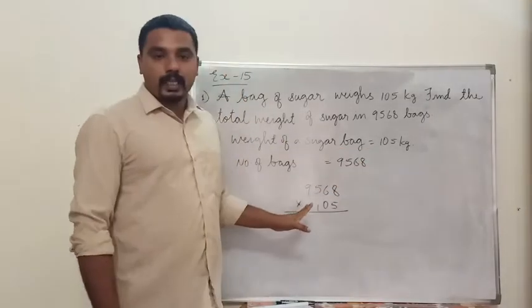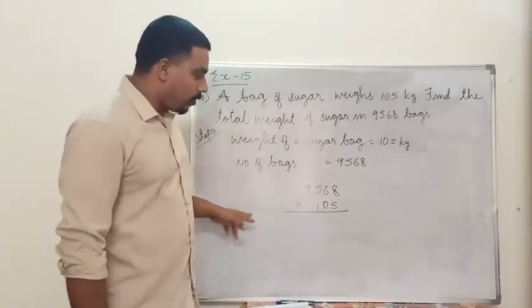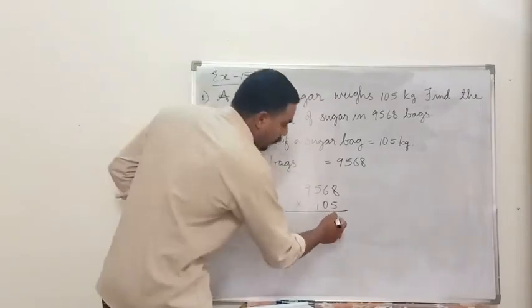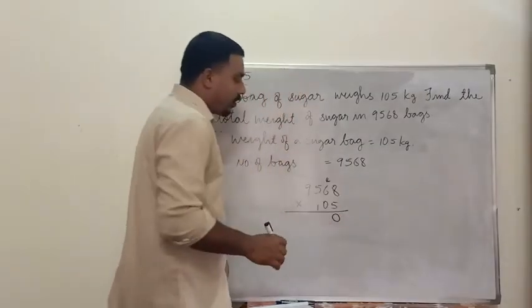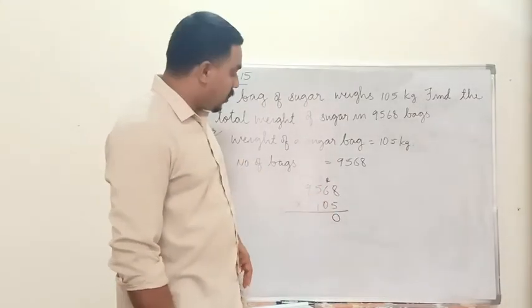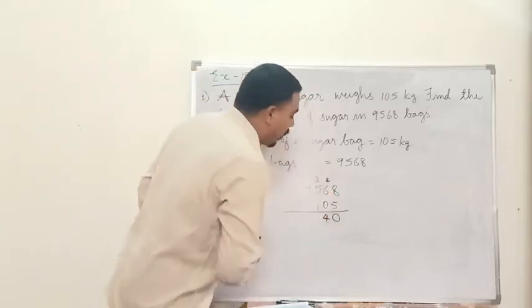So arrange the numbers in this way. The multiplicand and the multiplier. This way. Okay. Now multiply. So 5 8s are how much? 40. Okay. 4 we have to regroup. Next is 5 into 6. How much? 30. 30 plus 4 is equal to 34. 3 we have to regroup.